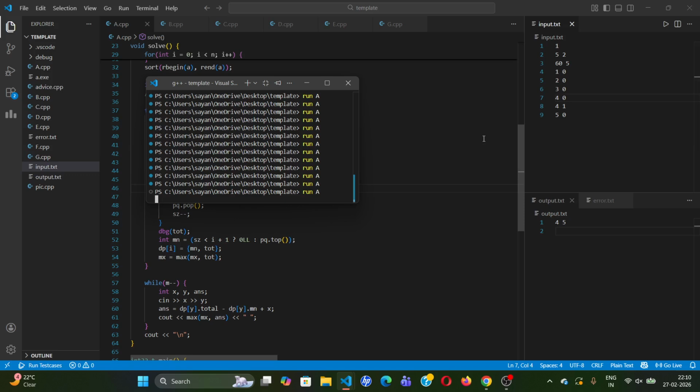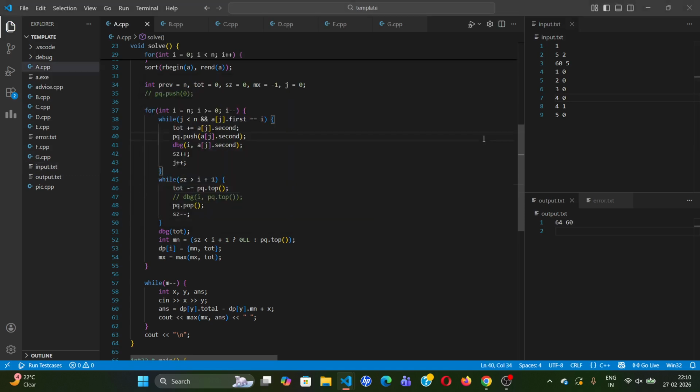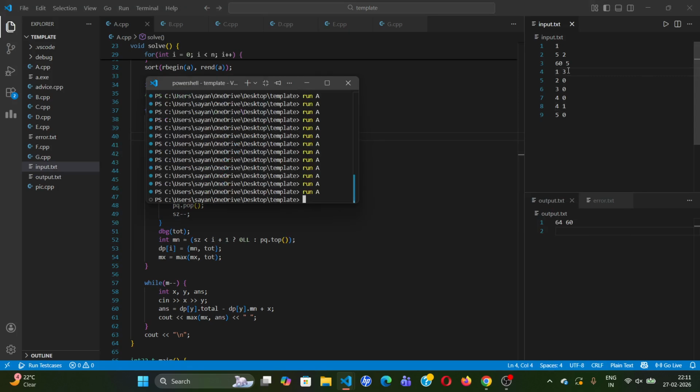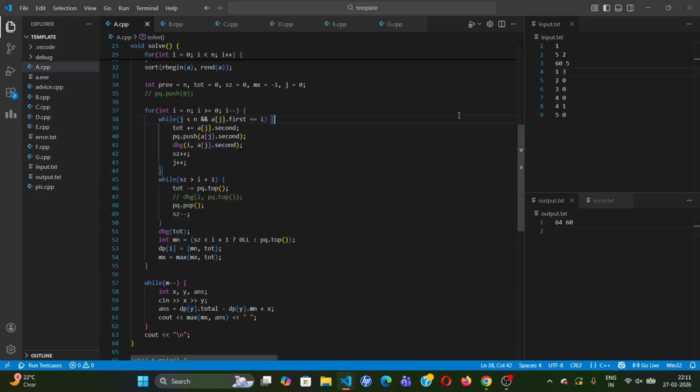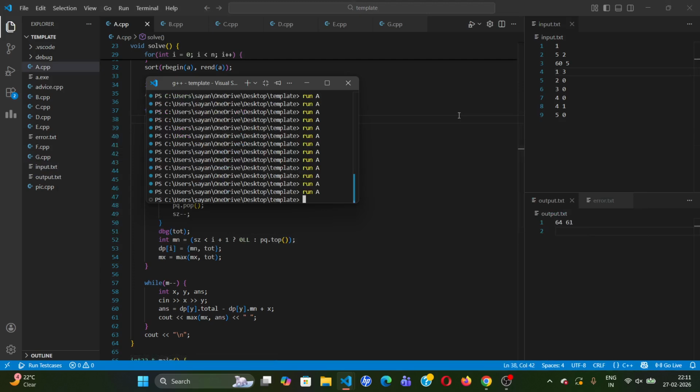Yeah, but 7 values. But yeah, 64 and 60. If it purchases the first one, 64. Otherwise, it's 60. 1, 3. This is 61.